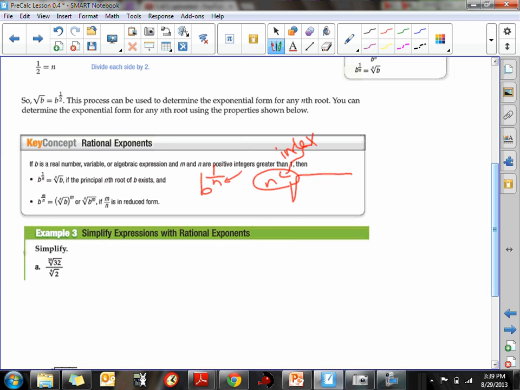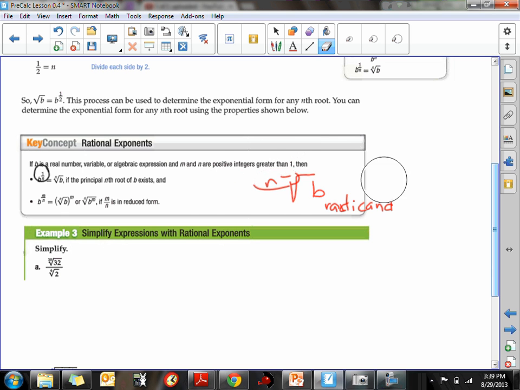And then the b is simply our radicand, so the b goes inside here. So always think of this bottom number on your exponent as being the index of your radical.